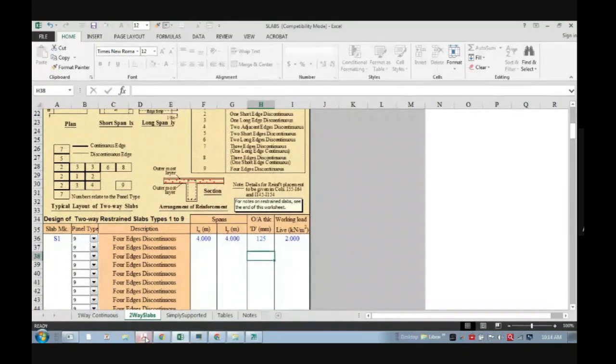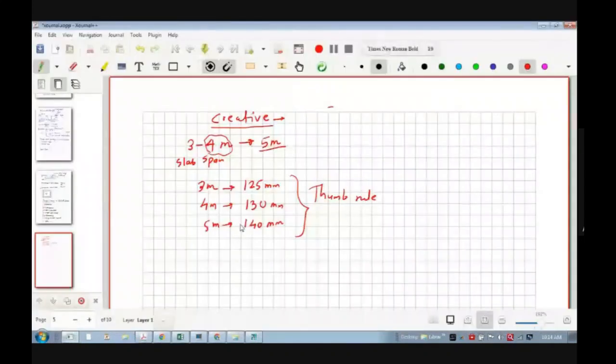Now let's see. As I said to you, try to have minimum spans for the slabs. What is happening due to this? We will have controlled deflections if the spans are less, and we have less vibration in the slab.